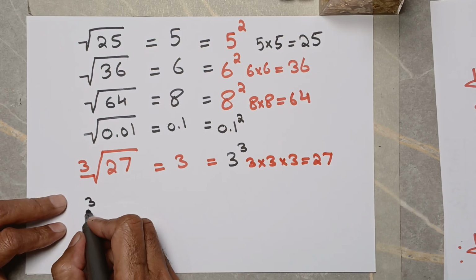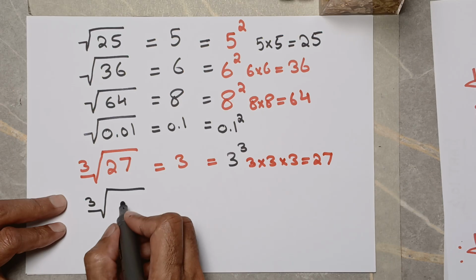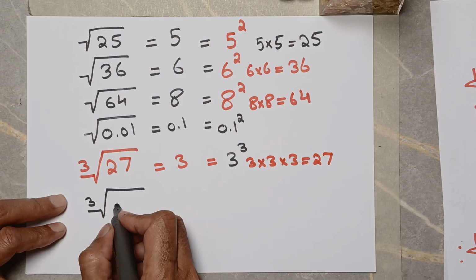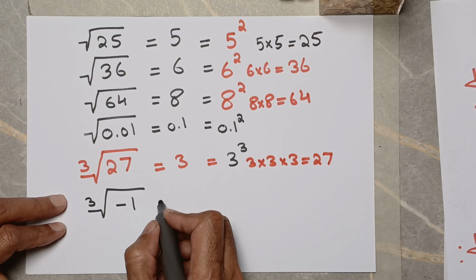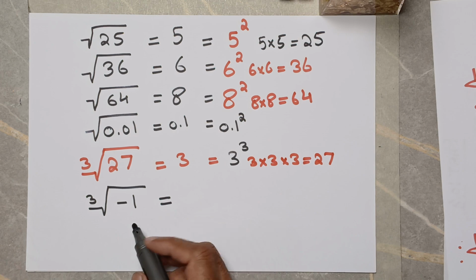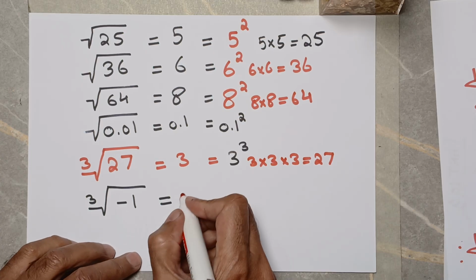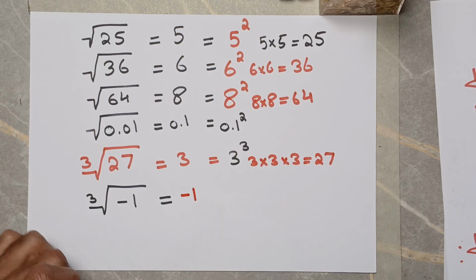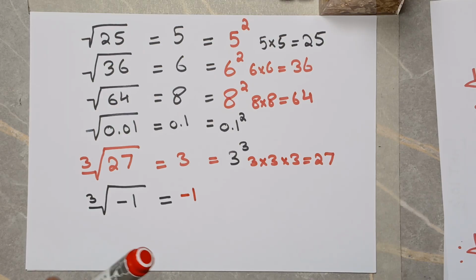Suppose that I want to take the cube root of, let's say, -1. I think you must be getting towards 1i. Okay, let me tell you. The cube root of -1 will be -1. How come?